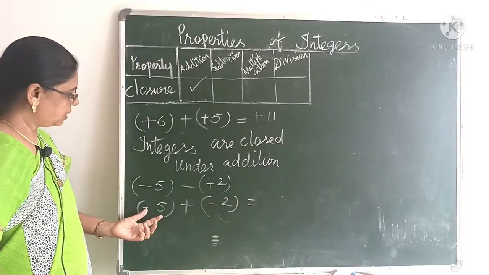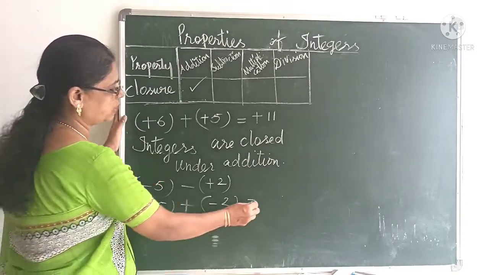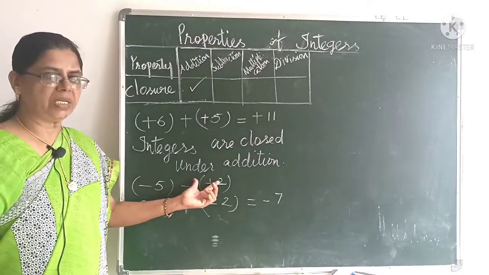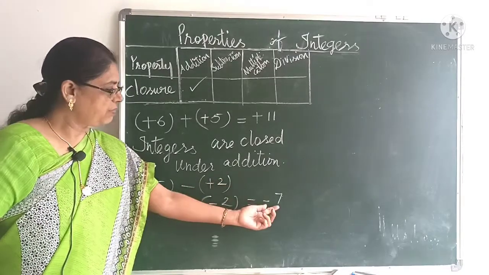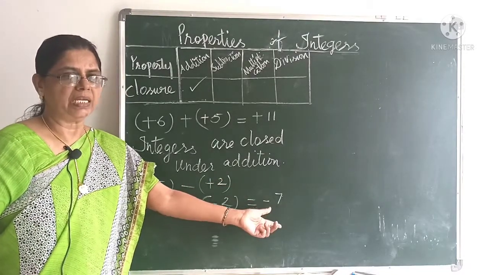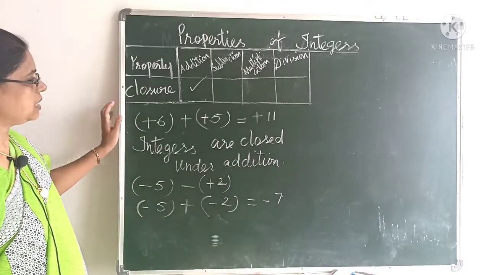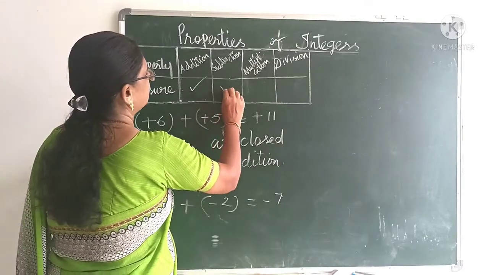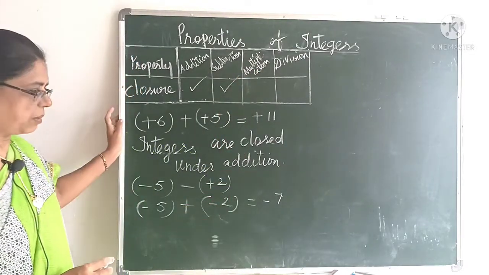So what is minus 5 plus minus 2? It is minus 7. So when we subtract two integers, the difference is also an integer. So we say integers are closed under subtraction.